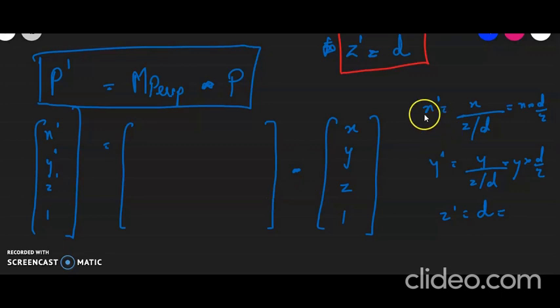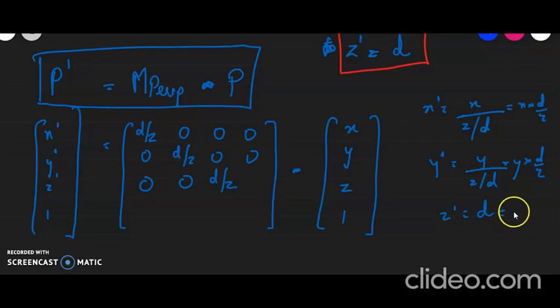So now my X dash is X into D by Z. So I'm going to put here D by Z, 0, 0, 0. My Y dash is equal to 0, D by Z, 0, 0. My Z dash is equal to 0, 0, and now I will have to multiply it with D by Z, so that D by Z into Z will give me D, right?